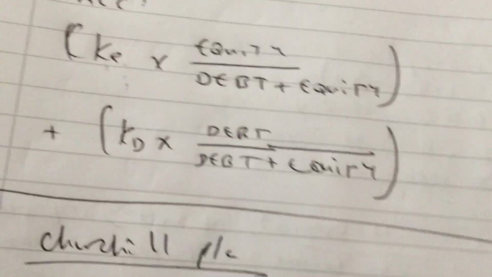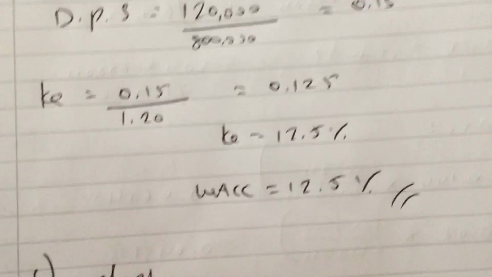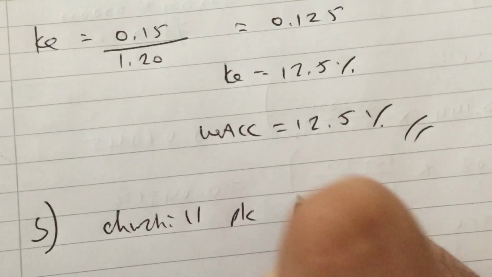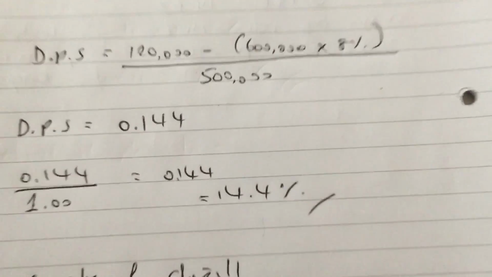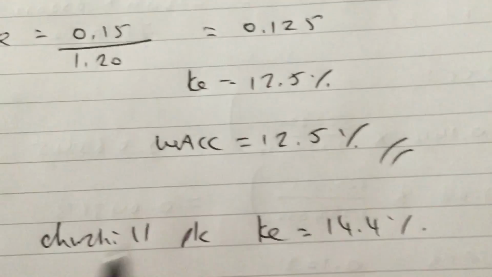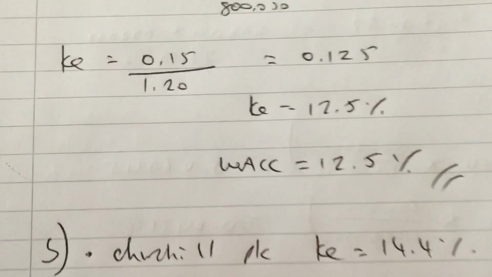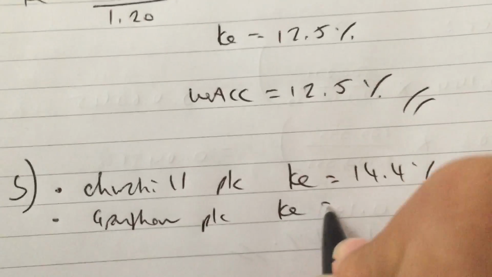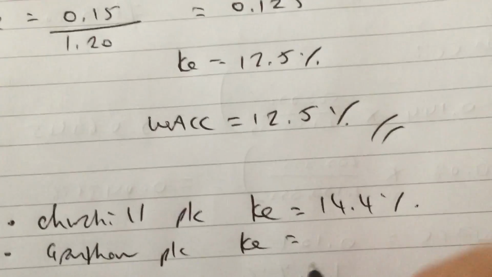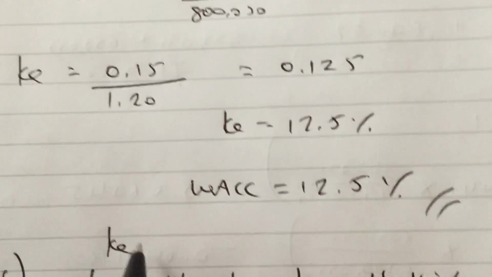So we found out that Churchill PLC's cost of equity equaled 14.4%, whereas Grantham PLC's cost of equity equaled 12.5%. Okay, and these are our costs of equity.